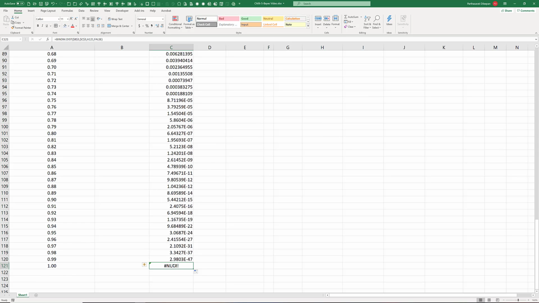Now, that one is an error because of the prior value, so let's change this to a number very close to 1, but not quite 1.